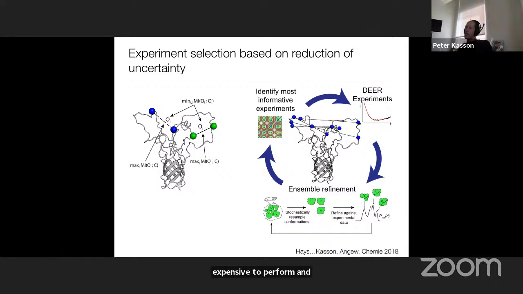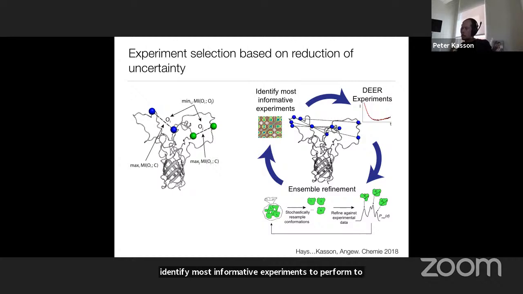And so the next component, I've told you about some refinement approaches, is to ask, can we identify the most informative experiments to perform to further refine conformational ensembles?